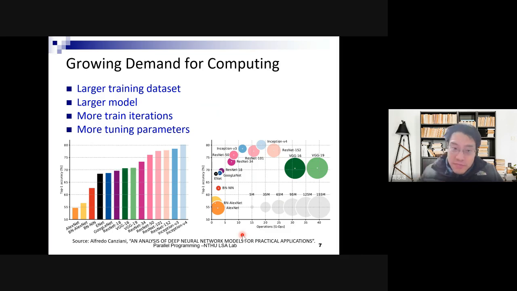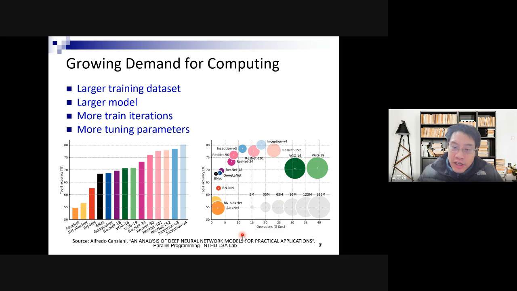So as we know now, in order to get the best result, usually people have to keep retraining their models with different tuning parameters and see which one gives you the best results. So at the end, all those things require computing power, right?